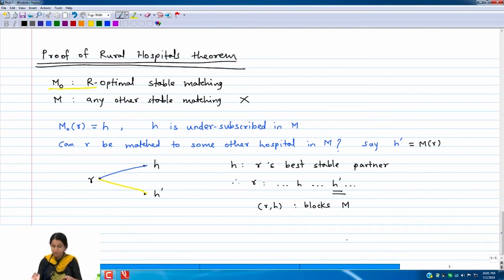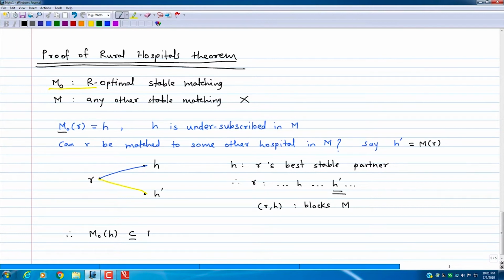So what we want to say is, if a hospital H is undersubscribed in M, then it should get every resident that it gets in M naught. So whatever residents H gets in M naught, they should all be matched to H in M. Is it clear so far?